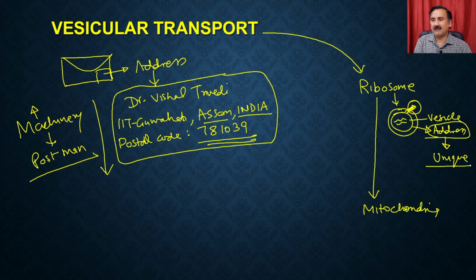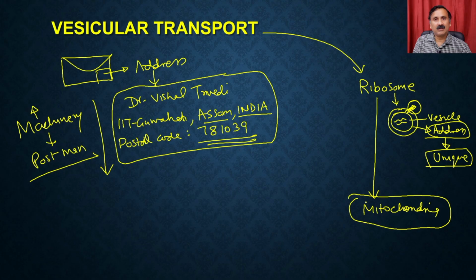Similarly, you're going to have a unique tag only for the mitochondria, and within the mitochondria you can define whether you want to send the protein to the outer membrane or the inner membrane, or to the stroma or the cristae and all other places. So you can actually make a unique address, right?